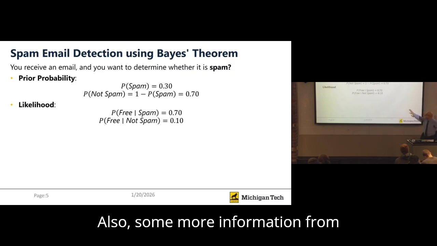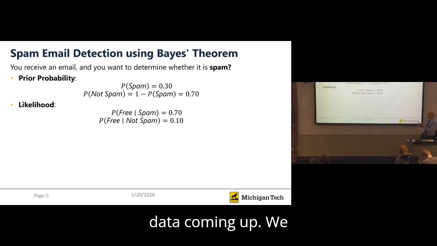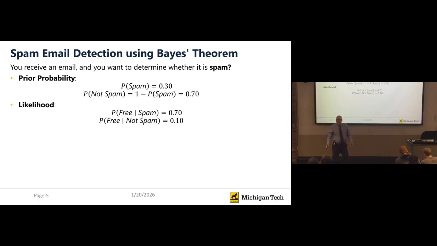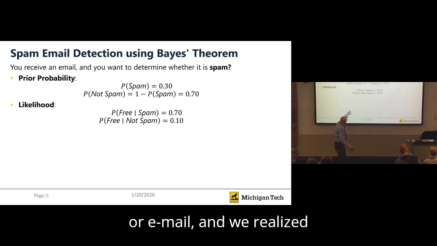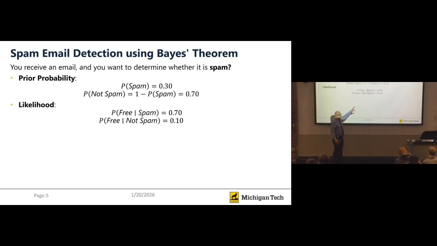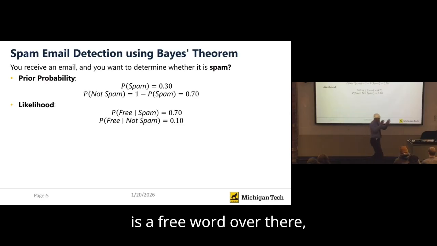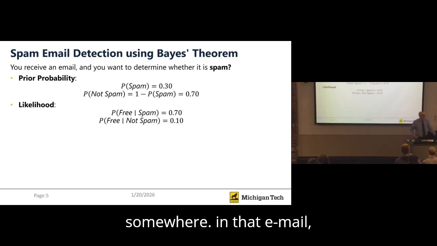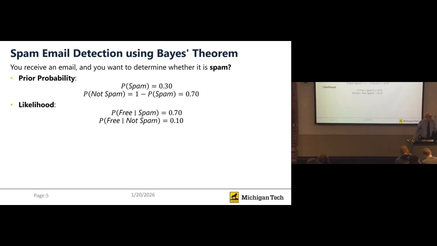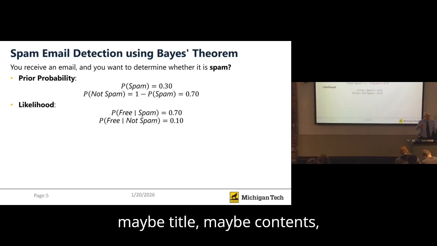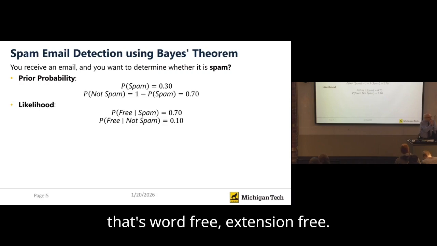Also, there is some more information from data. We tested the word free in the contents of spam emails, and we realized that for spams, 70% have the word free somewhere in that email, maybe in the title, maybe in the contents.